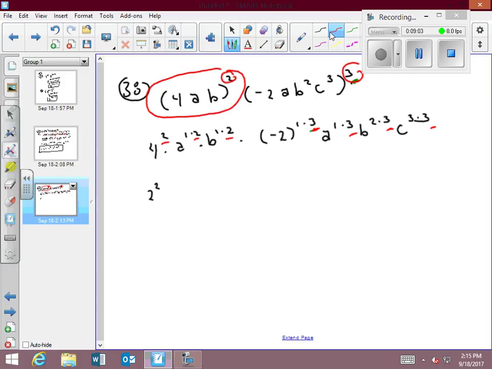Now, technically, this is what I would sooner have you do. Rather than having that 4, I'd rather have you do 2 squared times 2, so that when you ultimately get to it down here, you have 2 to the 4th.